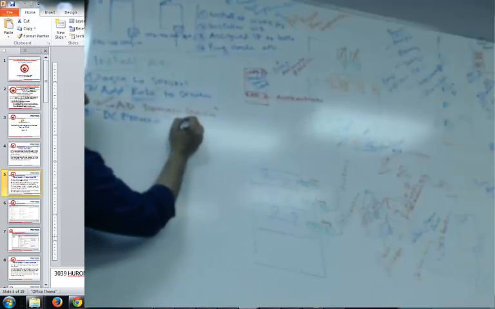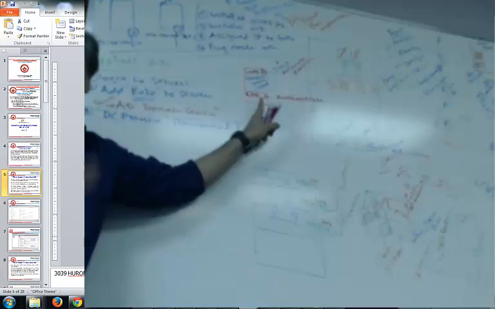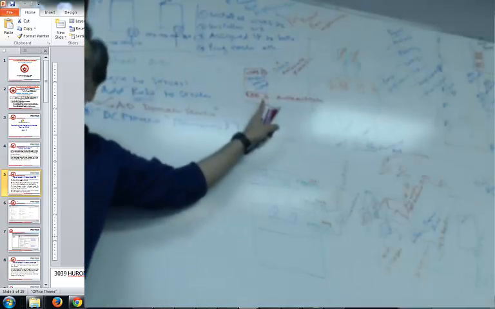It runs this command, DC promo, automatically, or sometimes you have to do it manually. It is promoting this server to become a domain controller. DC promo comes from DC promotion.